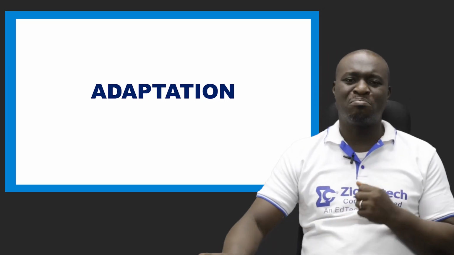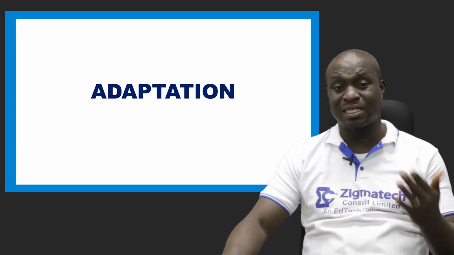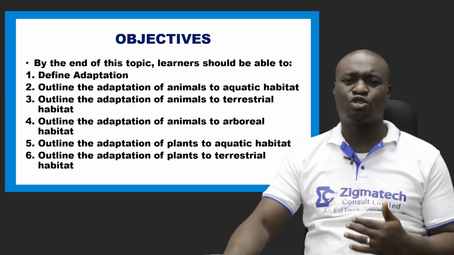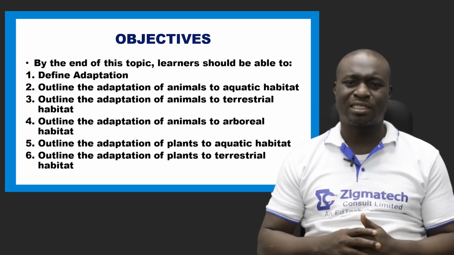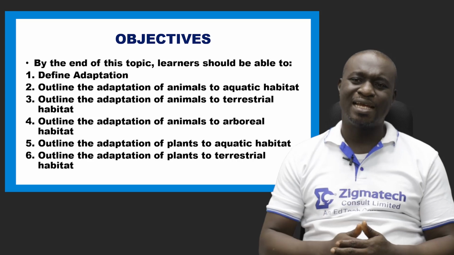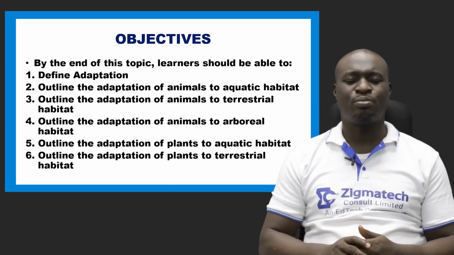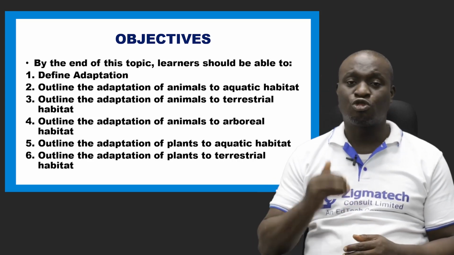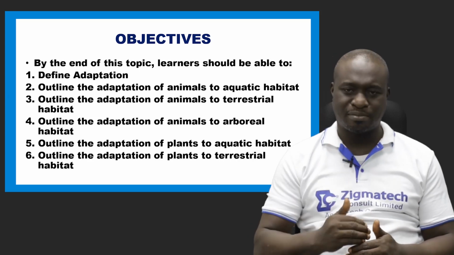But before we begin, I'd like us to look at some specific objectives. The specific objectives are things you should be able to do at the end of this topic. Number one, you should be able to define what adaptation is, and also state the purpose of adaptation.